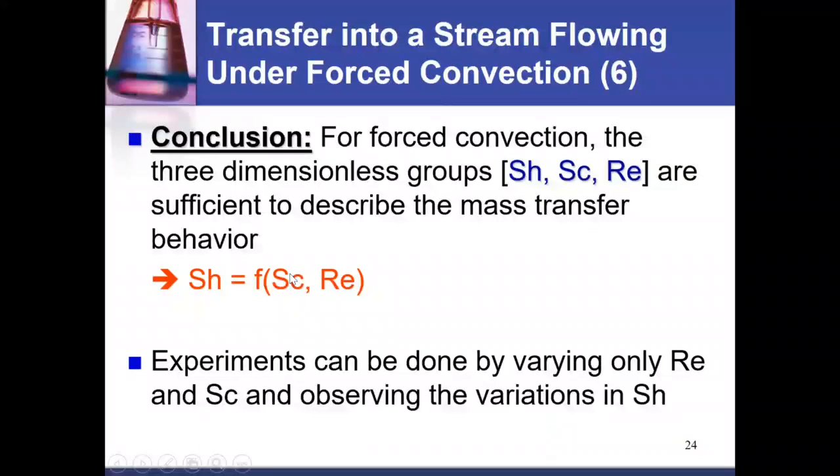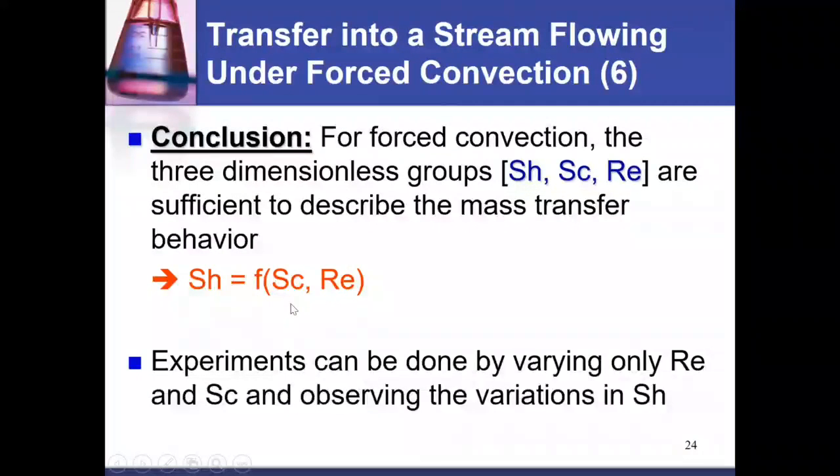So we change Schmidt number and Reynolds number, and we record the value of Sherwood number. So we collected the data for Schmidt number and Reynolds number, and relate them to Sherwood number, and then we can establish a correlation that we can use later on.